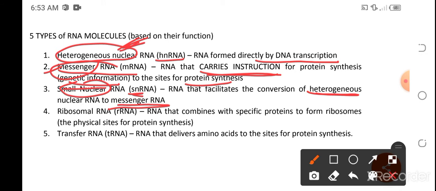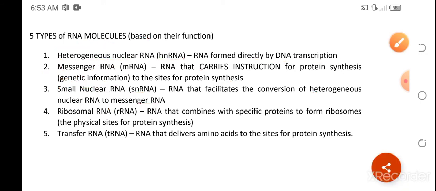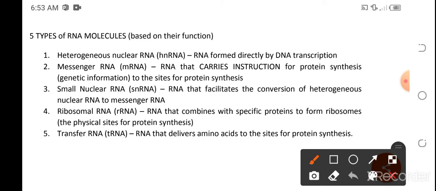So, siyang magko-convert ng heterogeneous RNA to become a messenger RNA. So, that's the function of snRNA. We also have ribosomal RNA or rRNA. This combines with specific proteins para ma-produce ang ribosomes. We know that ribosome is part of the cell. Usually sila yung mga studs dun sa rough endoplasmic reticulum.